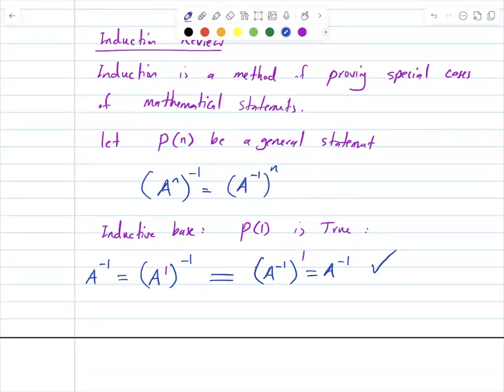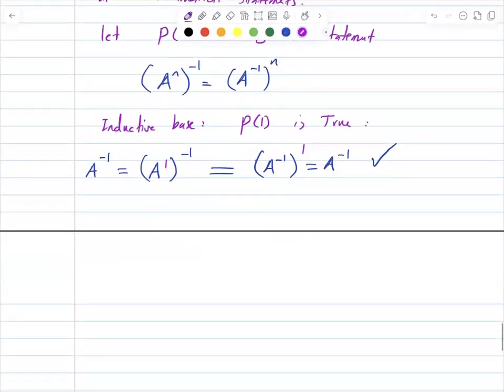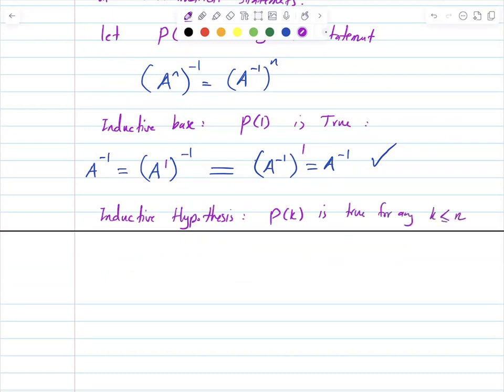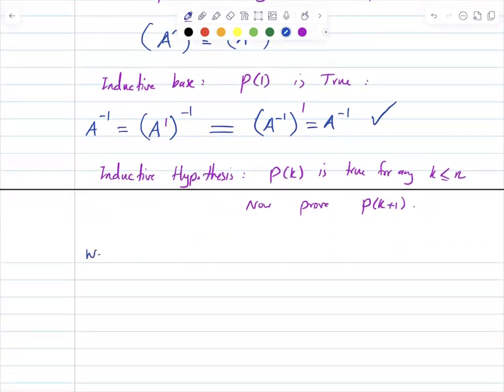Then you move on to the inductive hypothesis. The inductive hypothesis says, assume P of k is true for any k less than or equal to n. Now, prove this statement for P of k plus 1. So what's the meaning of that?